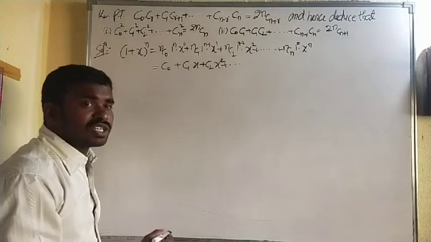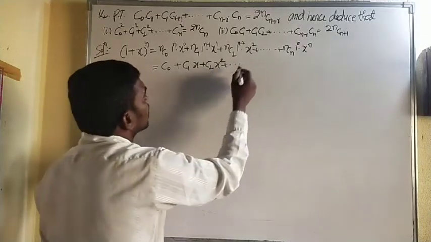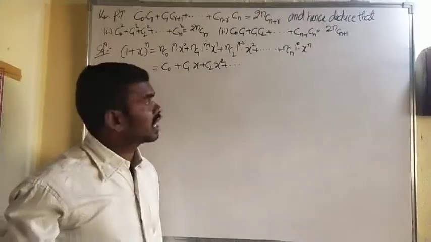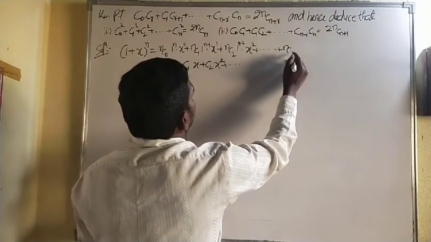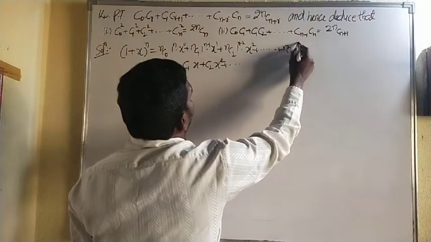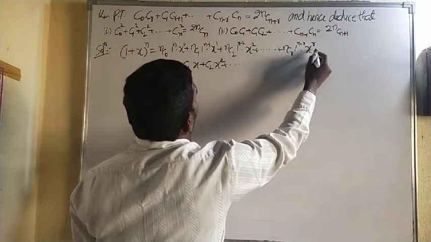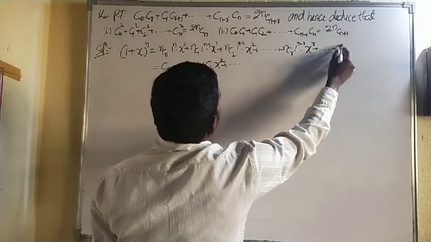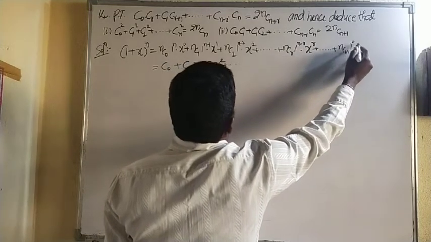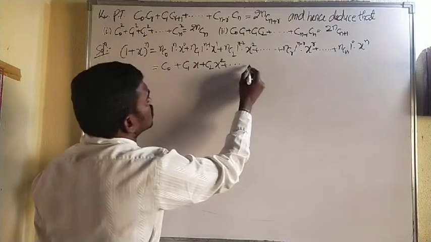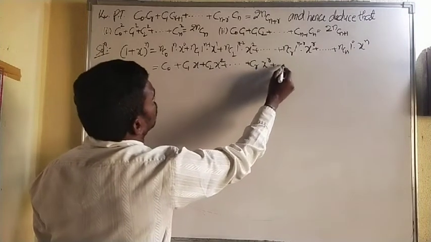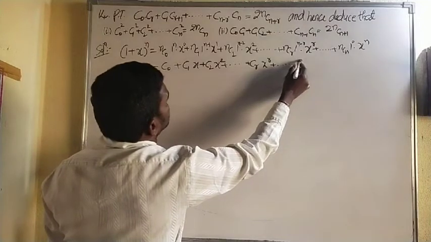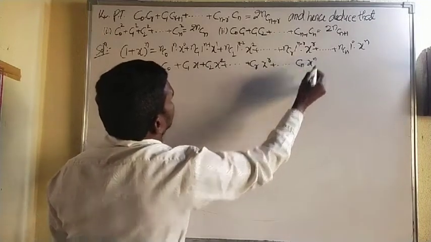In the middle term also, what can we write in the middle term generally? Yes, nCr 1 power n minus r into x power r plus so and so plus nCn 1 power 0 into x power n. So and so plus Cr x power r plus so and so, nCn means Cn x power n.